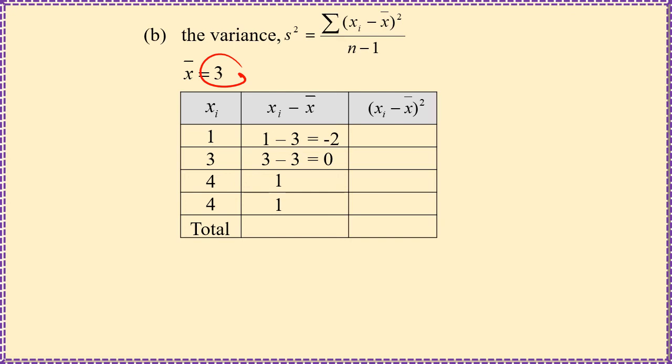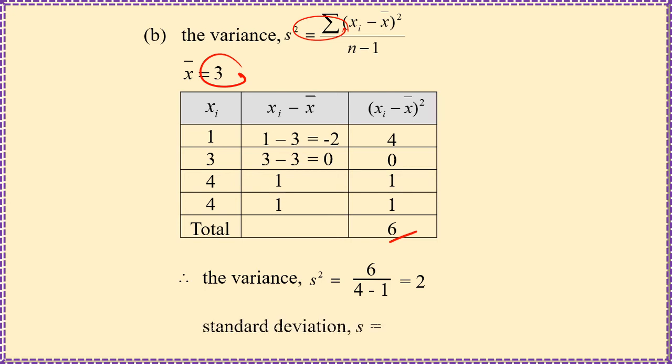Squaring all the values, we get 4, 0, 1, 1. The total is 4 plus 0 plus 1 plus 1, equal to 6. So the answer is 6 over 4 minus 1, which is 3. So 6 divided by 3 is equal to 2. This is the variance, which is equal to 2.